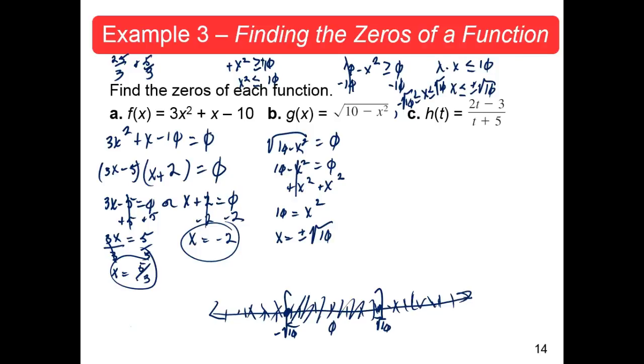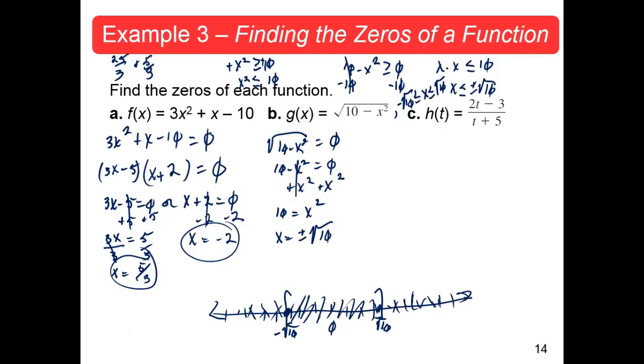So let's do it. If we put positive square root of 10 in for x, what is square root of 10 squared? 10. 10 minus 10 is 0, square root of 0 is 0. Yes, that works. If you put a negative square root of 10 in for x and square it, what do you get? 10, because you square a negative number, it becomes positive.